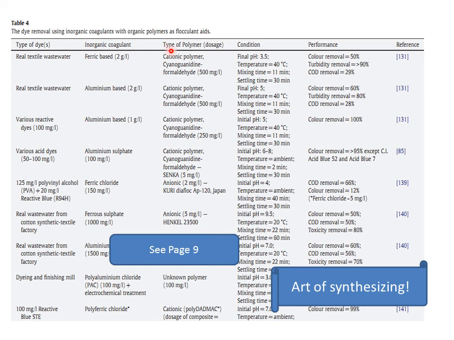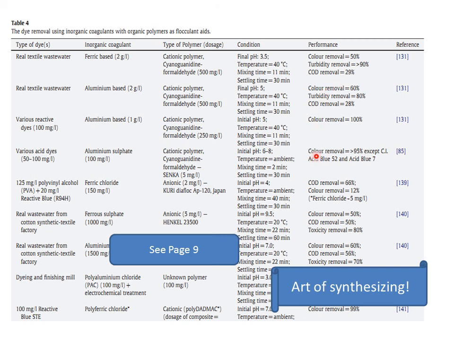Okay. And then for type of polymer, you can see also a lot of different polymer. And this is the condition, the important engineering condition: final pH, temperature, mixing time, settling time, and so on. And I also put the performance.